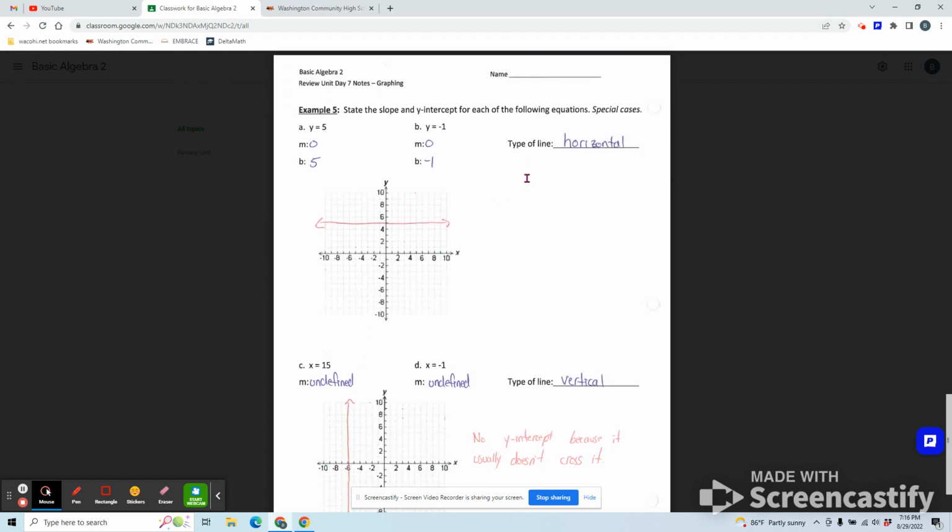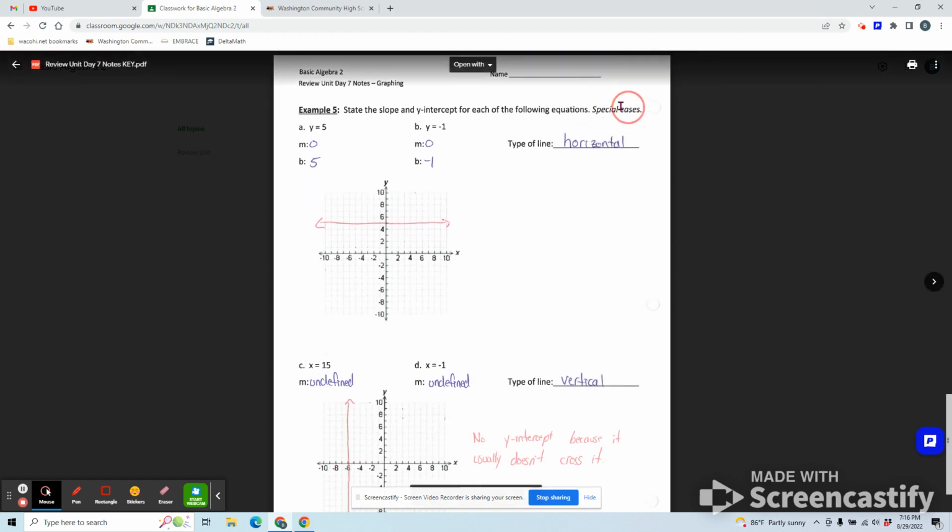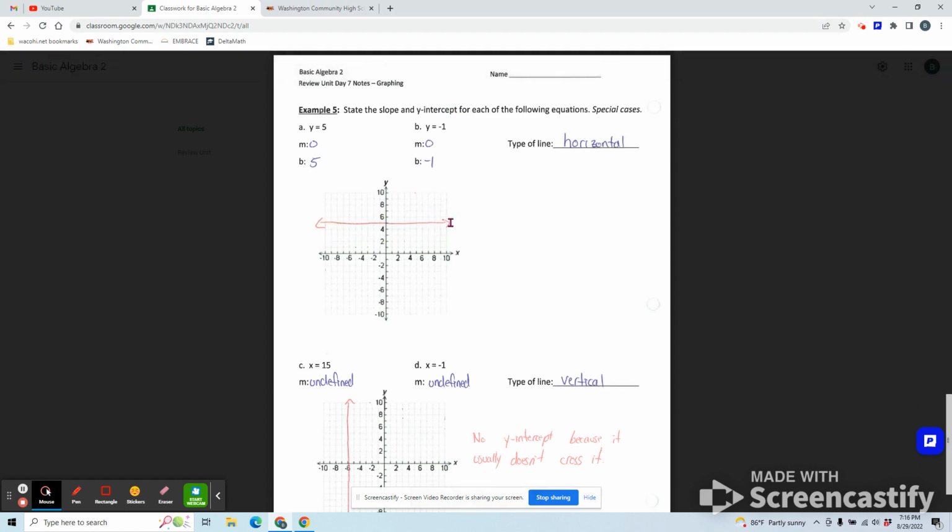Example 5 is special cases. That's why it says special cases. So here, notice that it just says y equals 5 and y equals -1. There's no other variable, just the letter y. That means we have a horizontal line, which is going from left to right. Think of the horizon going left to right. Your slope for any horizontal line is 0.